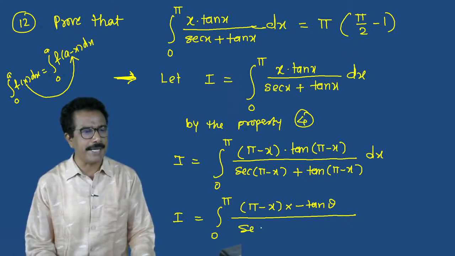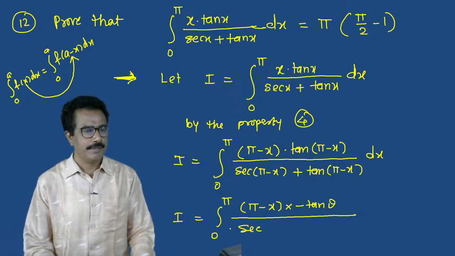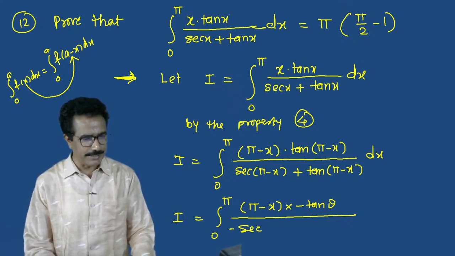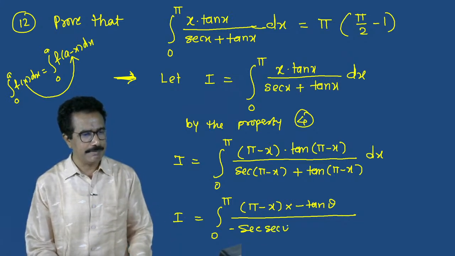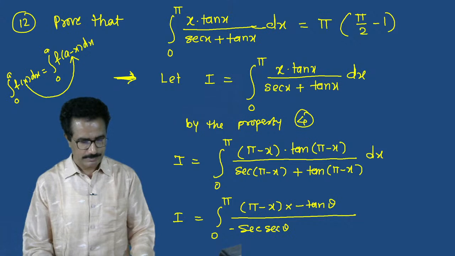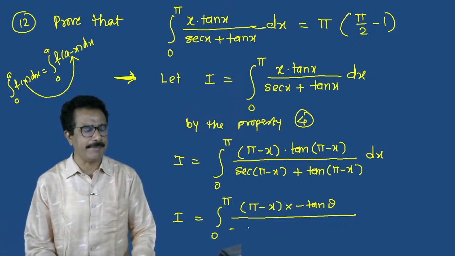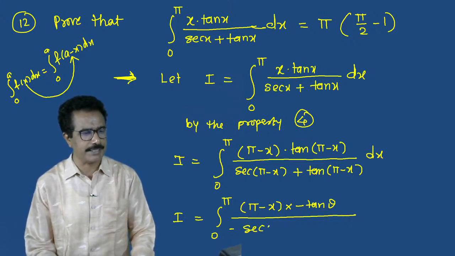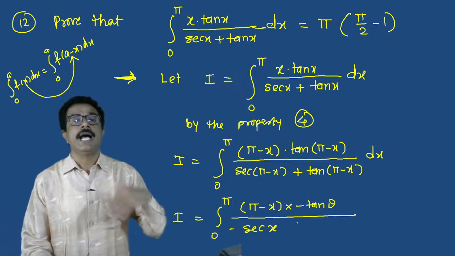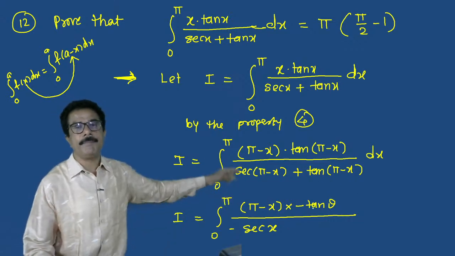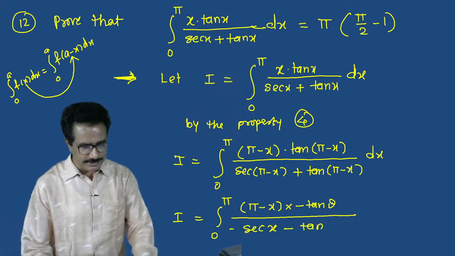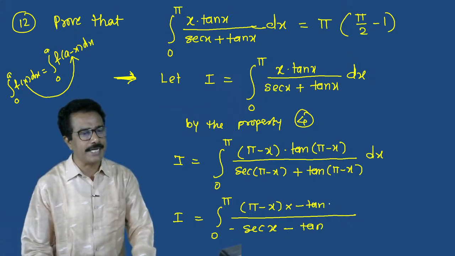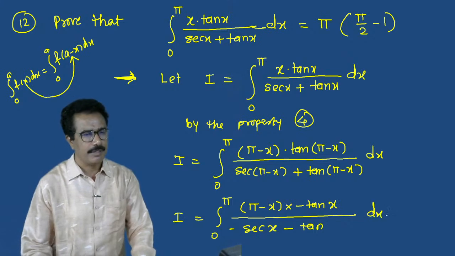Sec of pi minus theta means minus sec theta, that is, of x. Again in the denominator, pi minus tan theta means minus tan x. Here it is not x or theta, it is x dx.